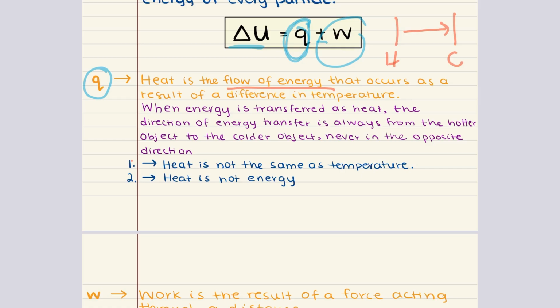Heat is not the same as temperature. Temperature measures the average kinetic energy of particles in a substance. Heat, on the other hand, is energy in transit. It flows as a result of temperature differences. Further, heat is not energy itself. Rather, it's one of the two main mechanisms through which energy is transferred.